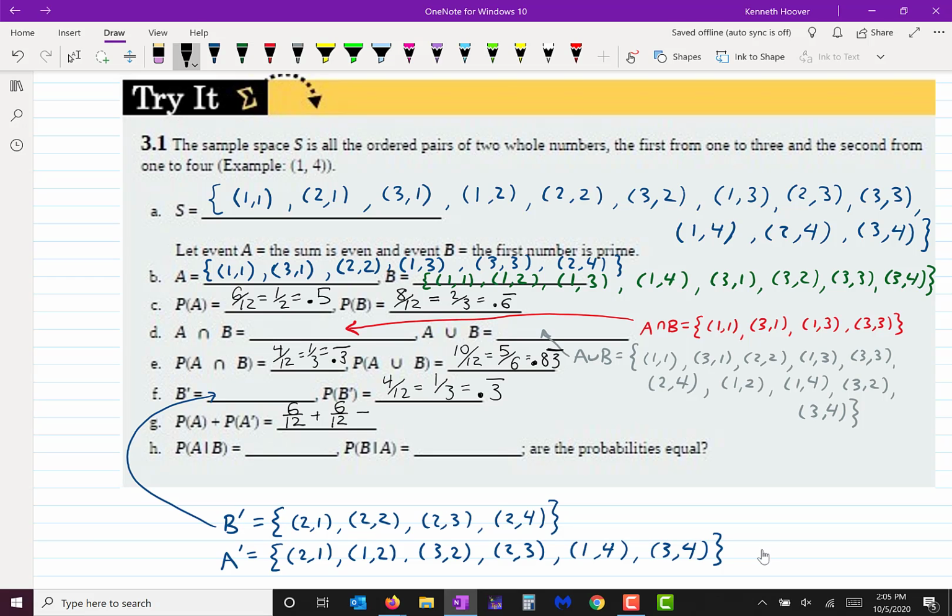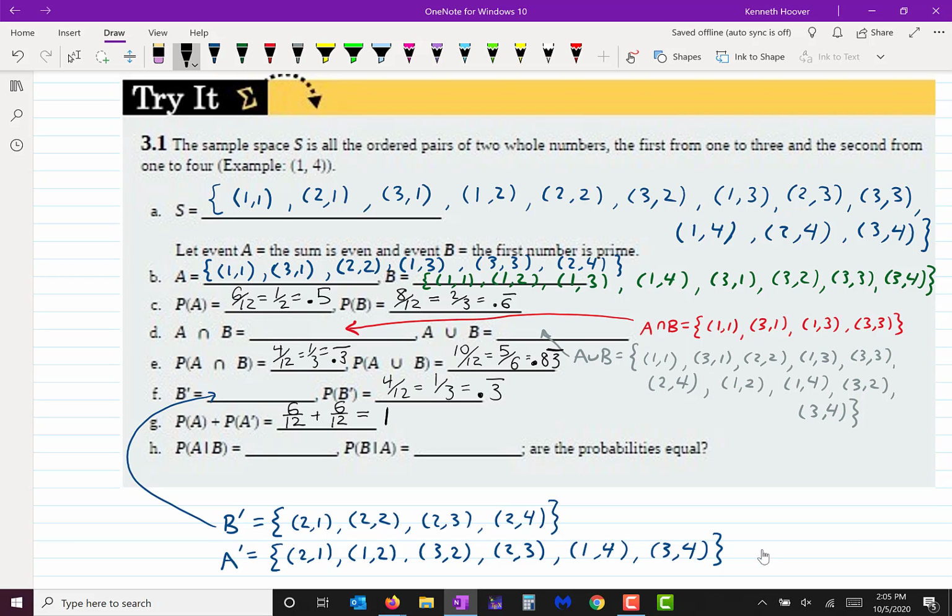We get 12/12, which is 1. Now, if you think about it, that has to be 1 because A complement is all the stuff that's not in A. So if you take the probability of A happening, and then you add the probability of A not happening, you're always going to get 1.